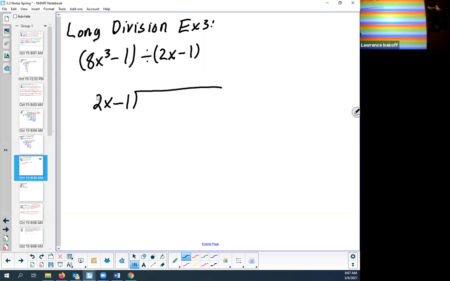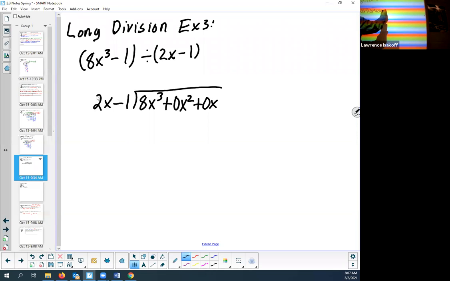I find it so much easier and better to just write in the 0 placeholders. It helps prevent silly mistakes. So 8x cubed plus 0x squared, because there was no x squared, plus 0x, because there was no x, minus 1.